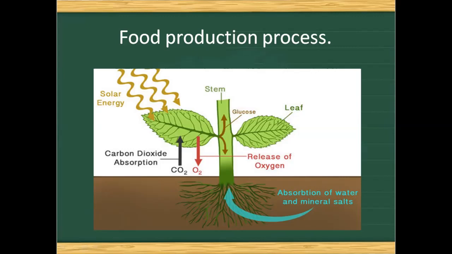Now, the food that the plant makes is glucose, which is sugar, and it is distributed through the plant. And as you see here with the roots, the absorption of water and mineral salts. So the minerals and the salts are dissolved, mixed in with the water, and absorbed through the roots and taken up into the stem.